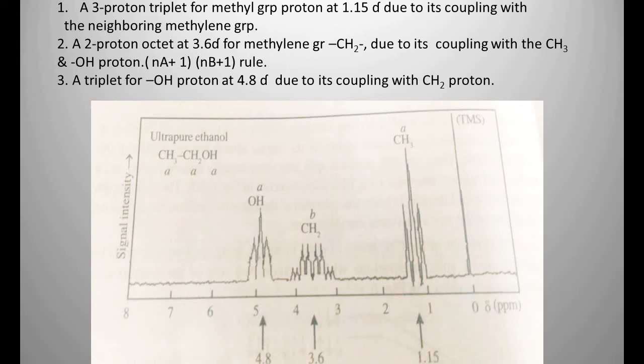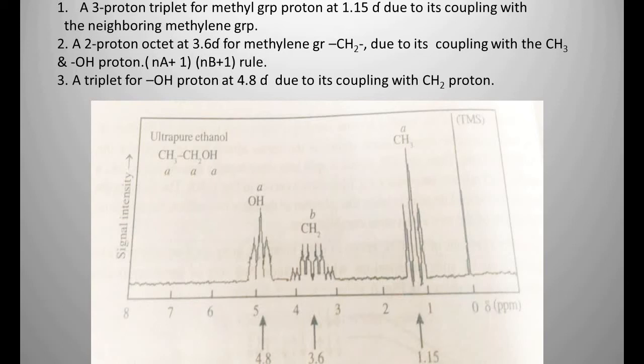Then finally the OH, a triplet for the OH group at 4.8 delta due to its coupling with the CH2. OH can couple with the CH2, so the number of splitting: CH2 has 2 neighboring protons, so 2 plus 1, 3. So the OH proton chemical shift is 4.8 delta from the TMS.